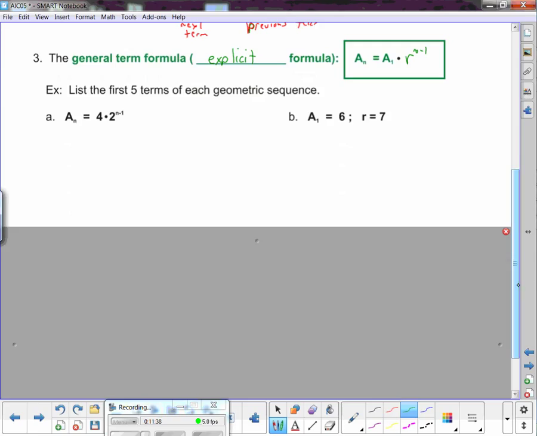All right, list the first 5 terms of each geometric sequence. So, we're given an explicit formula for a: a sub n equals 4 times 2 to the n minus 1. So let me interpret for you. The 4 was the first term, a sub 1.